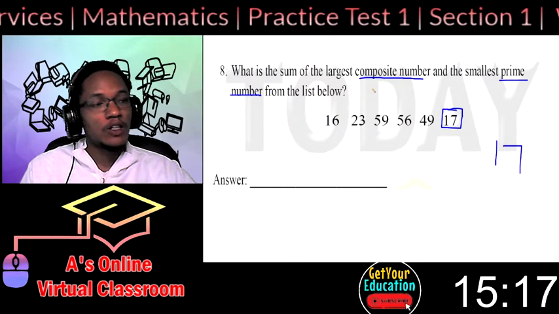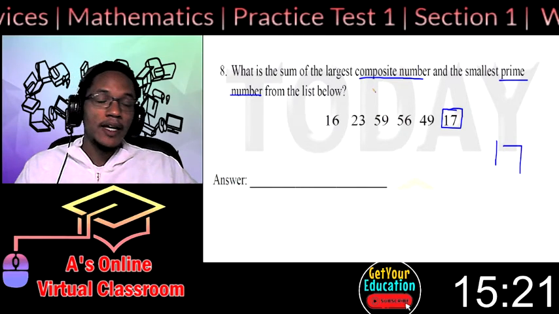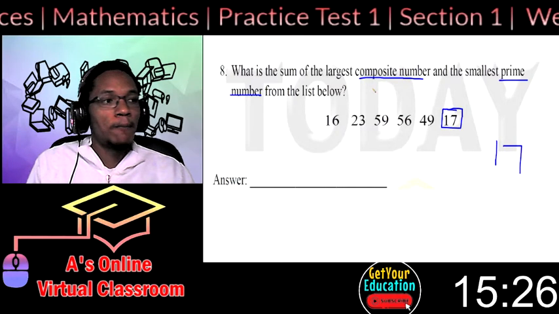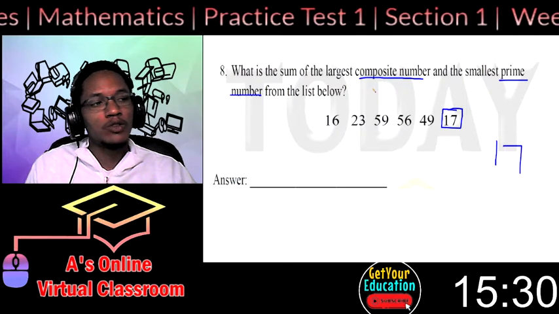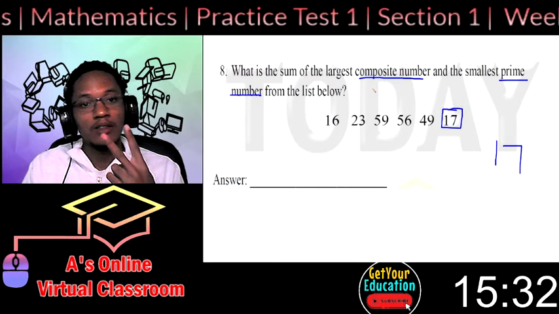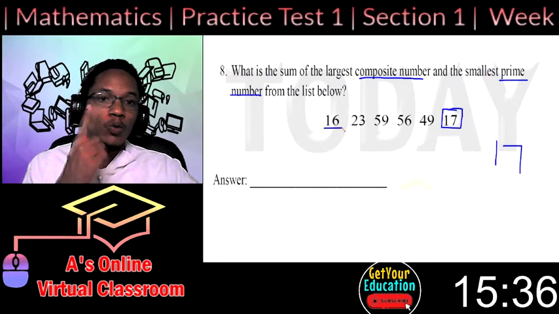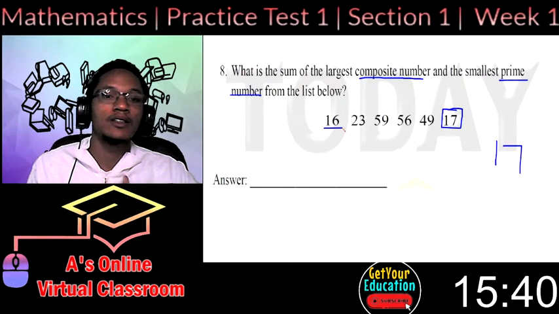and the largest composite number. So the composite number is just, well, composite in English means made up of several different parts. So applying this to numbers would mean it has more than 2 numbers that could divide it. So numbers like 16, which 1 could divide, 2 could divide, 4 could divide, 8 could divide, 16 could divide.